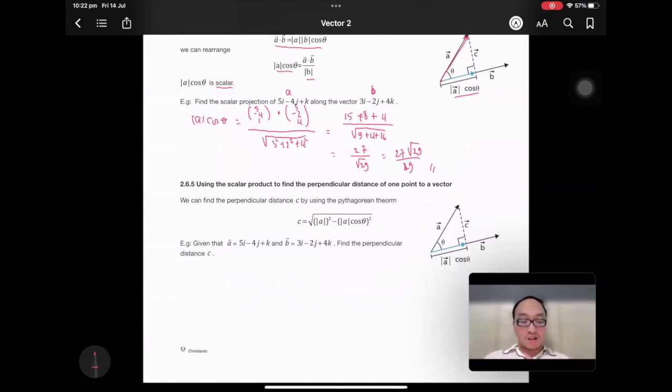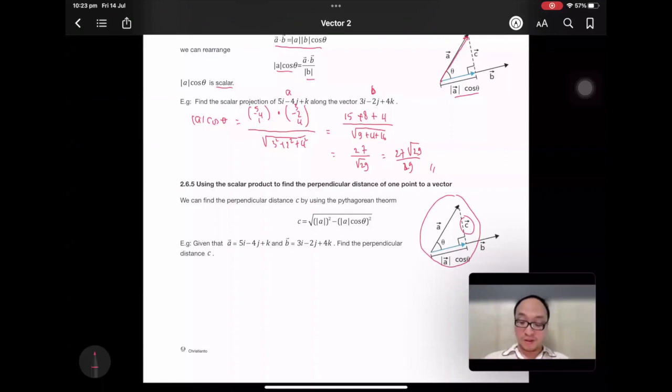Now we can use the scalar product to find the perpendicular distance of a point to a vector. In this case, if you see from the diagram, we will find the length of vector C. If you see the right angle triangle here, we can find C by using the Pythagorean theorem.